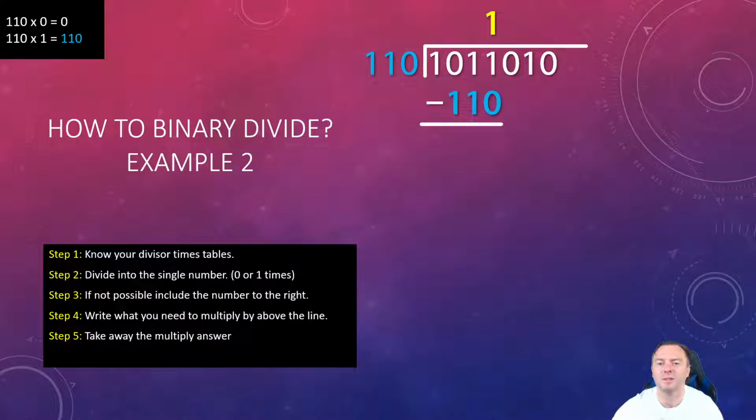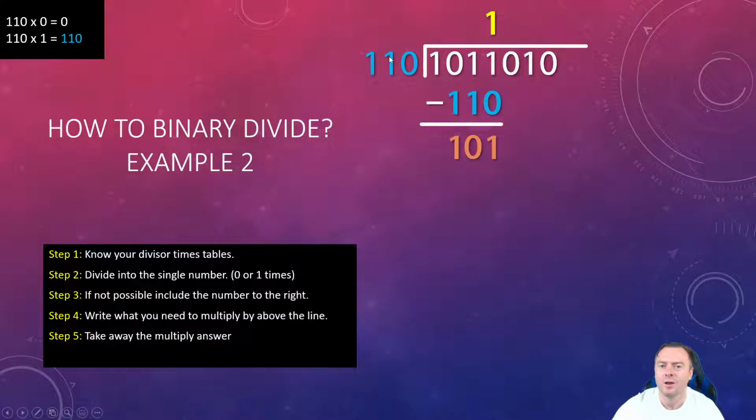Now, this is where it's a little bit trickier. 1 take away 0 still leaves you with just 1. 1 take away 1 leaves you with 0, and then 10 take away 1 leaves you with a 1. That should be okay. 11 take away 6, does it equal 5? Absolutely. So we've still got the same numbers.